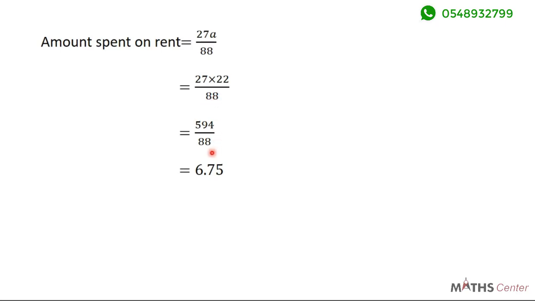We divide that by 88, and that will give us 6.75. So we can say that Kweku spent 6.75 Ghana cedis on rent, or 6 Ghana cedis 75 pesewas on rent.